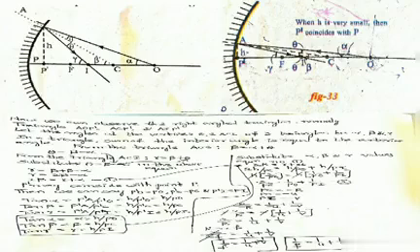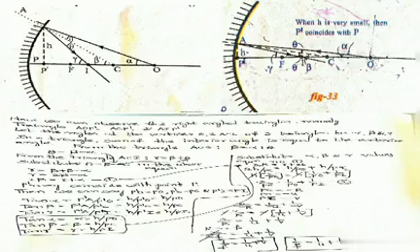Here we are drawing a ray diagram, like the ones we drew for concave and convex mirrors. The object is there, the ray from the object falls on the mirror, reflects, and the image forms. P to O is called the object distance.